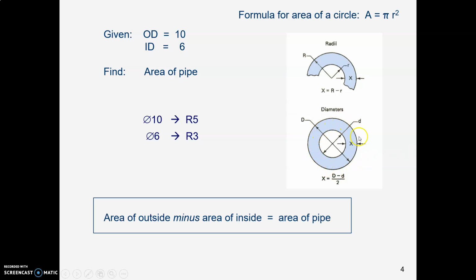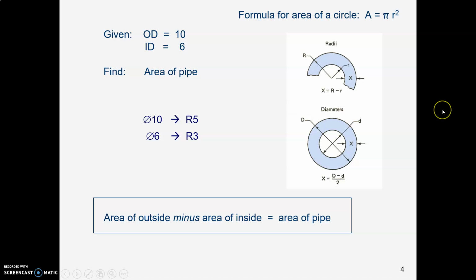And to find the area of a pipe, you take the area of the outside minus the area of the inside, and that gives you the net area of this donut shape that's remaining. When someone says find the area of a pipe, what they mean is, say this is a steel pipe, you slice through this steel pipe with a saw, what is the area of that steel material that the saw cut through?